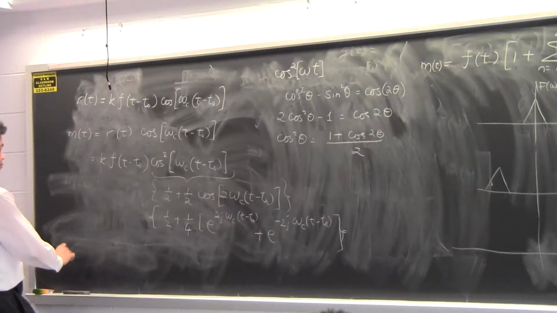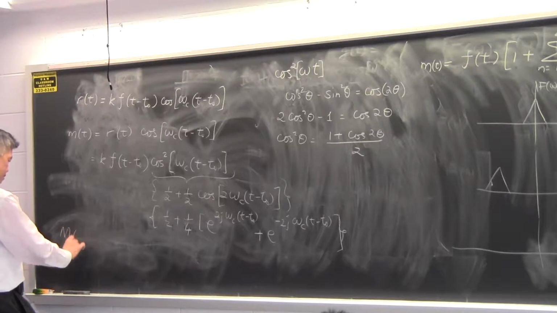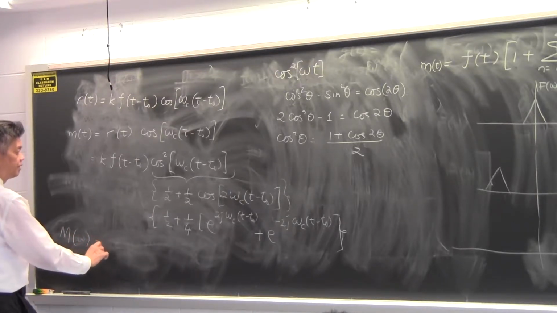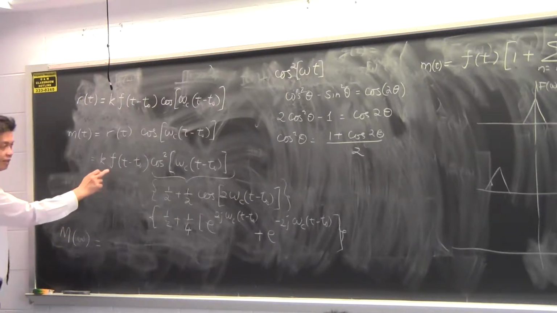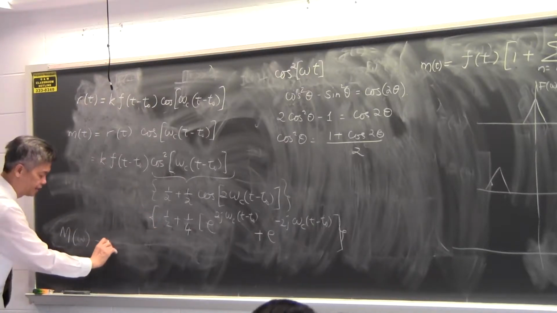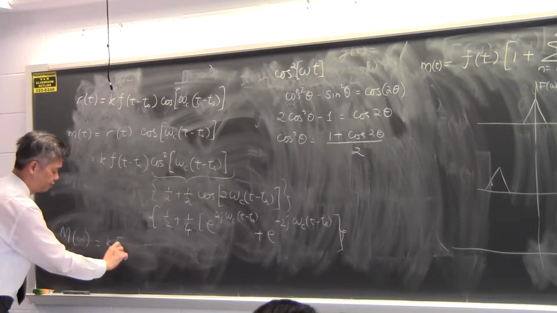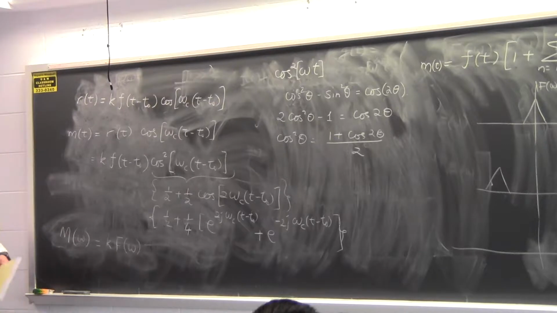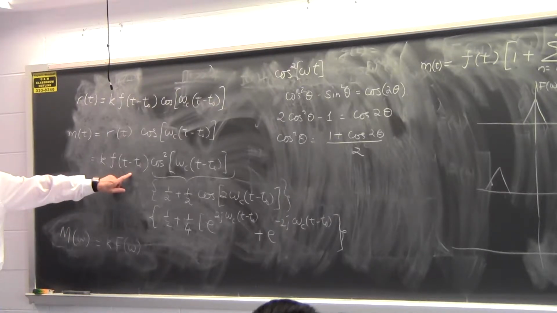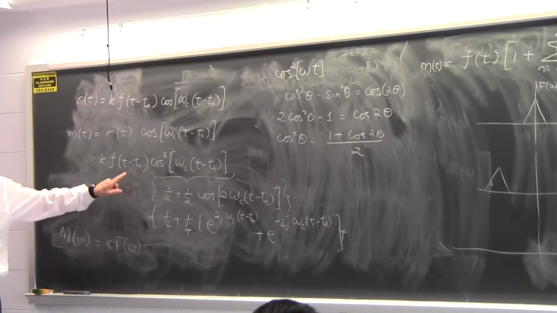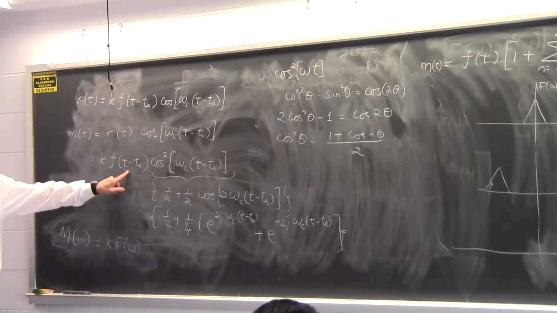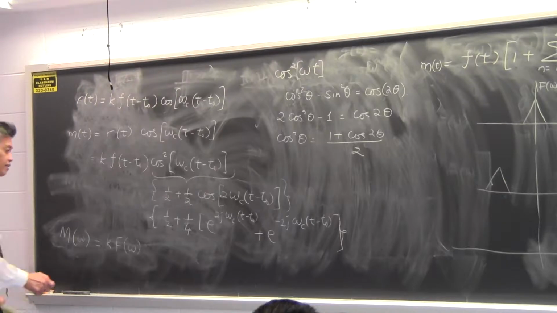So what is M of omega? M of omega would be the Fourier transform of this times the first term, which is k, f of omega. And what does the t minus t naught contribute to in the Fourier space? Not h, but a shift, right? A shift.